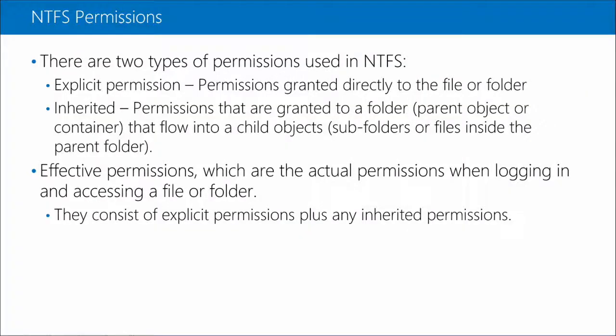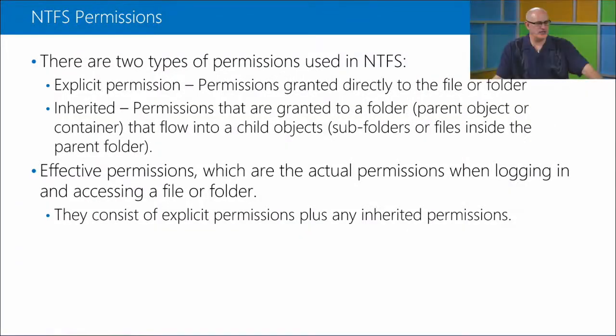NTFS permissions, there are two types of permissions used in NTFS, explicit permission and inherited. Explicit says, at a file level, folder or a file, I have explicit permissions to this that say I can read, I can write, I can create, I can do whatever is explicitly given. Versus inherited.